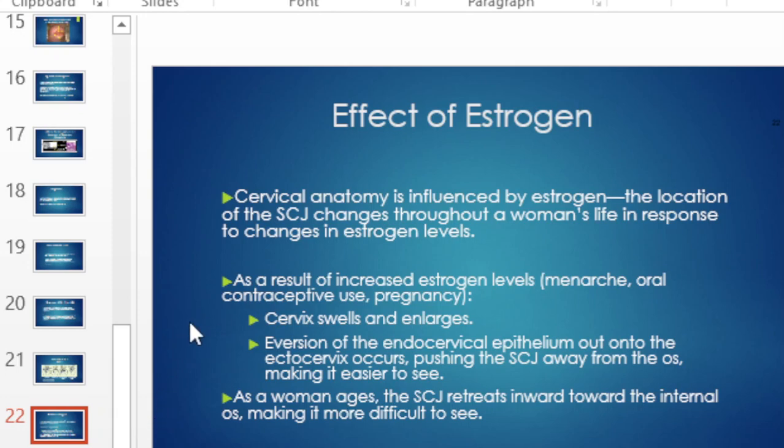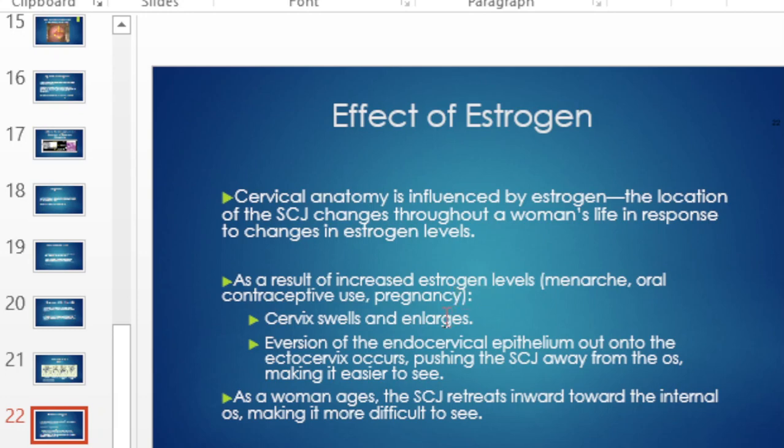So the anatomy of the cervix, like we have seen, is influenced by the estrogenic status of the woman. The location of the squamocolumnar junction changes throughout the woman's life in response to changes in the estrogen levels. So there are increased estrogen levels, for example, at menarche, when she's using oral contraceptives, or when she's pregnant.